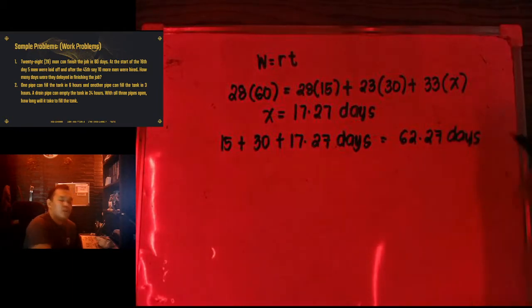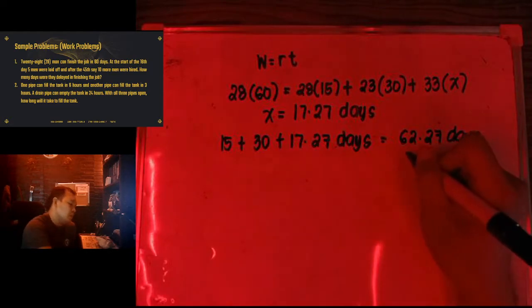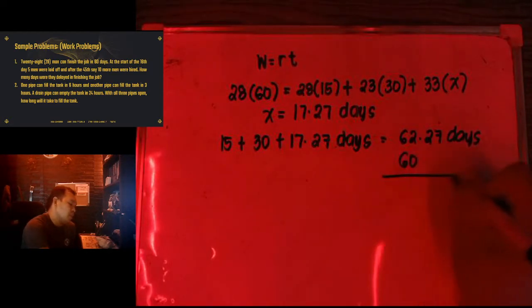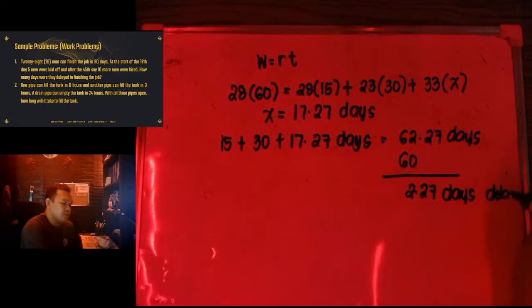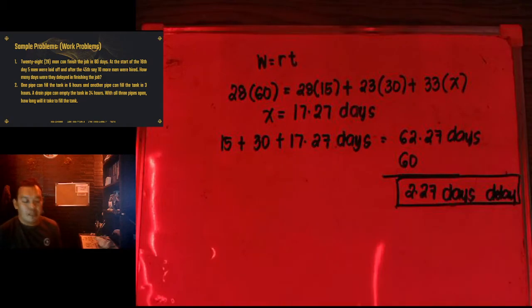Based dun sa unang sinabi, within 60 days lang daw kayang trabahuin ng 28 na katao. So, ibig sabihin, minus 60 natin, therefore, may 2.27 days na delayed yung project. Delay. Yan po yung final answer natin.